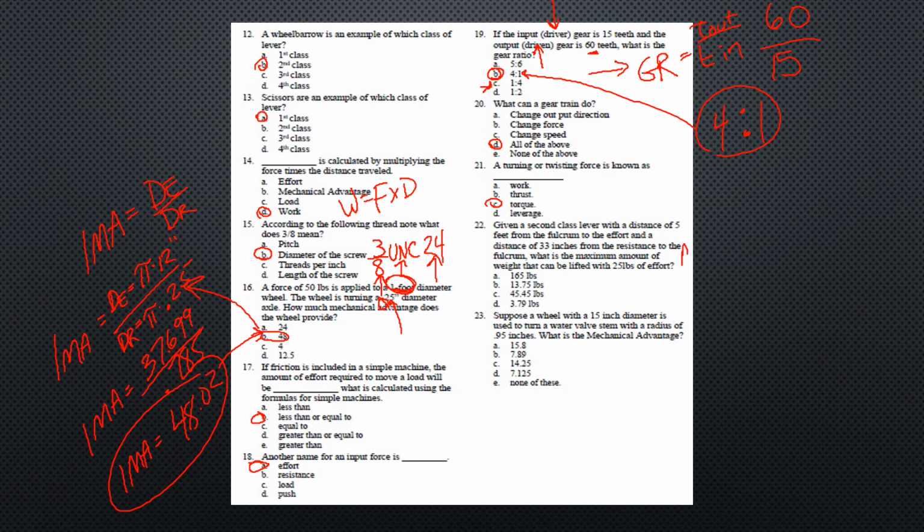So moment equals force times distance. In this one, it can be moment effort is equal to effort force multiplied by effort distance. And it can also be resistance moment is equal to resistance force times resistance distance. So now you need to go through and plug in some values.